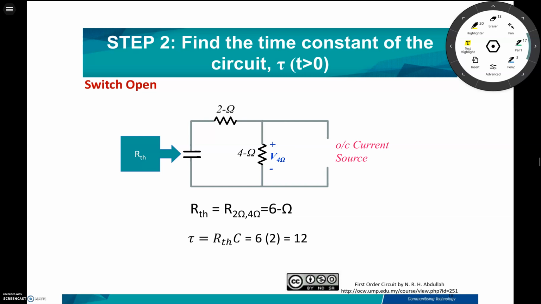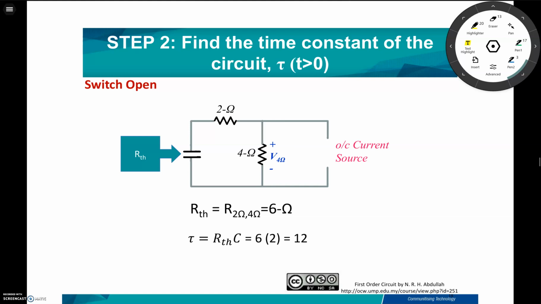In step 2, you need to find the time constant of the circuit, which is tau. In this condition, the switch is open. When the switch is open, the left side of the circuit is disconnected.